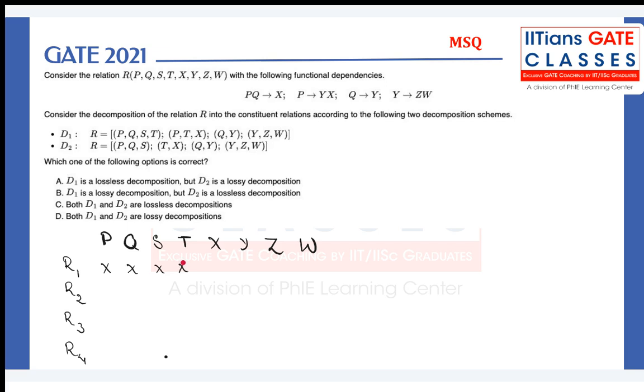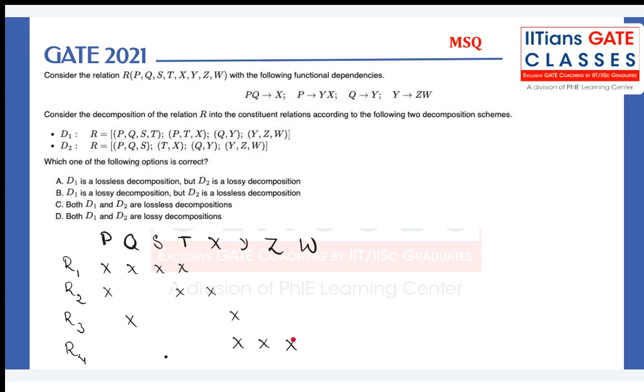R2 is PTX, R3 is QY, and the last one is YZW. Is the table clear? That's the first step.